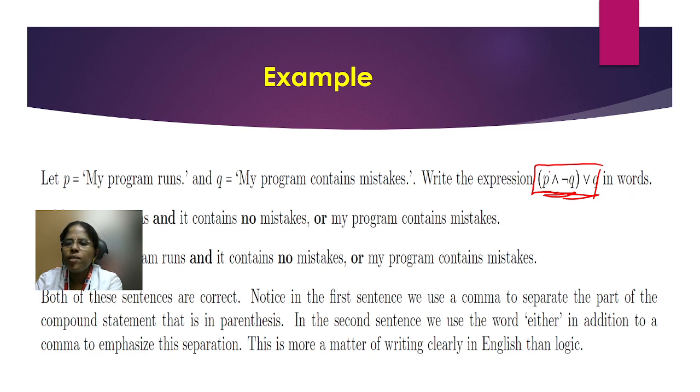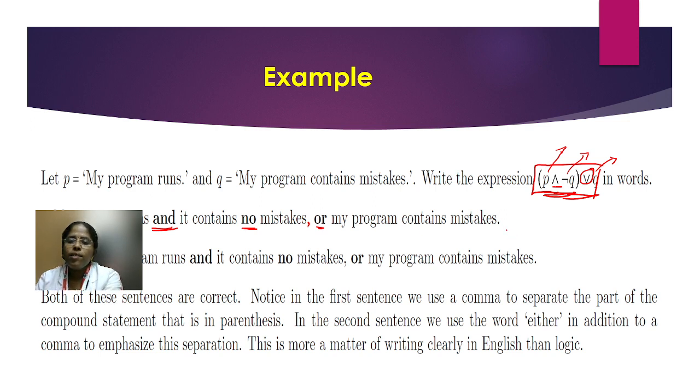So P represents my program runs, not Q means my program contains no mistakes, and again Q means my program contains mistakes. So here it is and. My program runs and, we need to use and, it contains no mistake for the negation. Then we need to use or. So this one is comma, or my program contains mistakes.